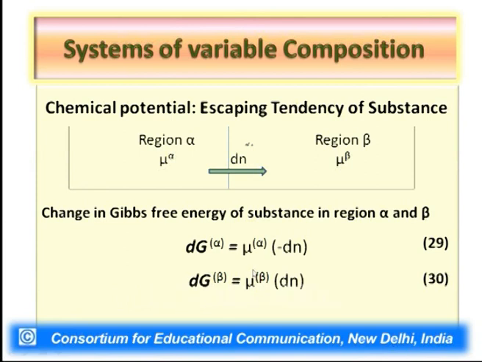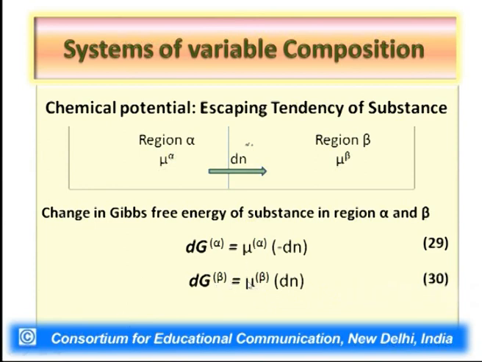Basically, if temperature and pressure are kept constant, dG alpha equals mu alpha into dN. Now, in region alpha, since the transfer of substance is from region alpha to region beta, dN should be given a negative sign. So, dG alpha, the change in Gibbs free energy of region alpha, equals the chemical potential of the substance in region alpha multiplied by the change in number of moles. dN we have taken as a positive quantity, so the minus sign is introduced just to say that the substance is transferred from region alpha to region beta.